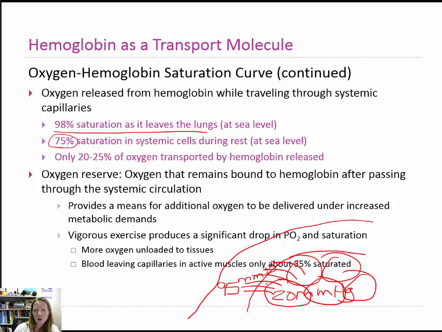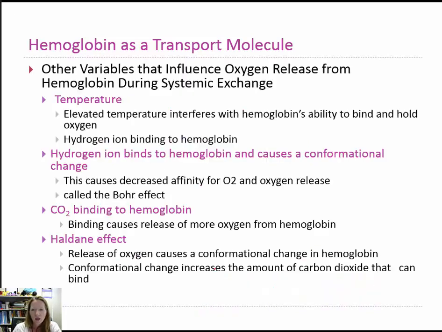If it was only 40, it would only dump out enough until equilibrium is reached. But this is a big difference, so it's just going to keep on dumping until equilibrium has been reached. So that's one thing that causes oxygen to want to leave the hemoglobin: oxygen levels of the tissue.